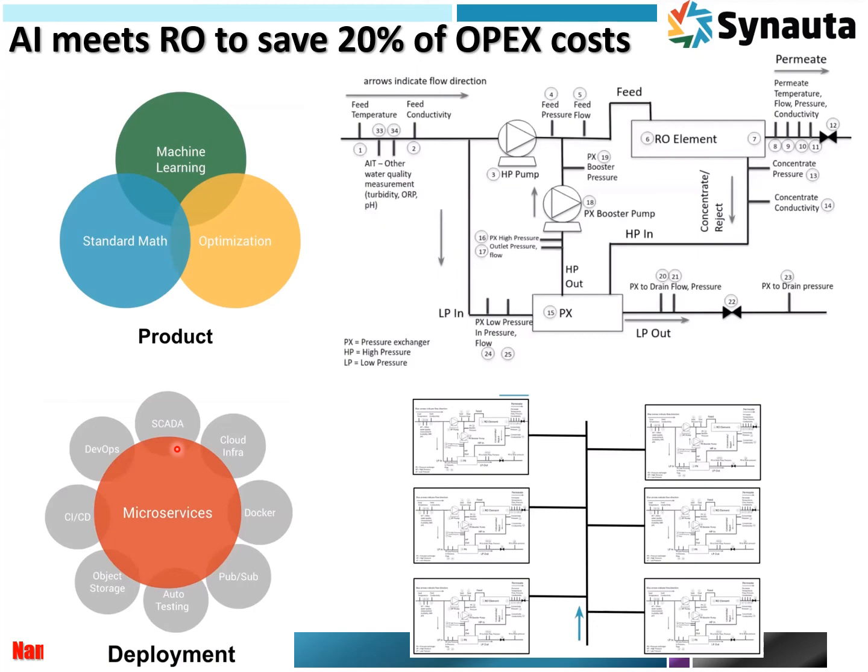Also, they have a main high pressure pump, and then they make their own train a bigger size, and then they can save the 20%. So AI meets RO to save the overall OPEX cost.